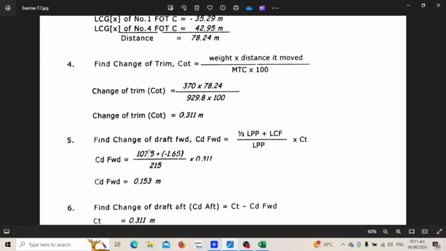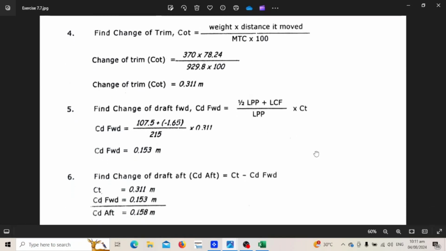Okay, find the change of draft forward. Asking for forward, and this is the formula: 1/2 LPP plus LCF over LPP times change of trim. So your change of trim is this one, guys. Your LPP is 215. 1/2 of LPP is 107.5.